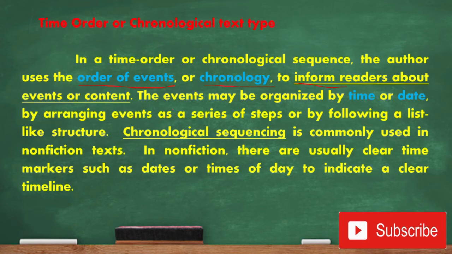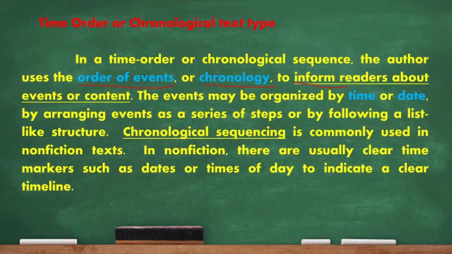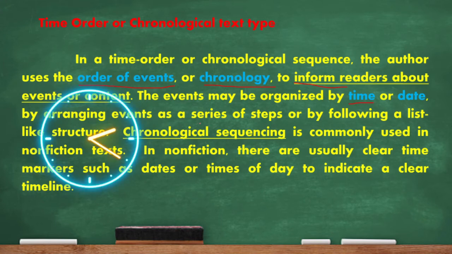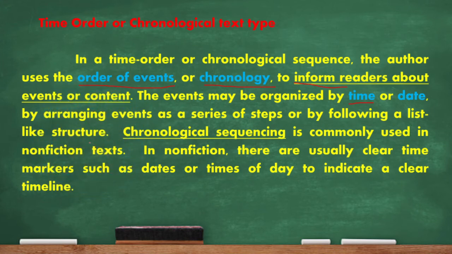The events may be organized by time or date, and we have used not date but time order, by arranging events as a series of steps or by following a list-like structure. Chronological sequencing is commonly used in non-fiction text. It means ginagamit natin ang chronological order sa pamamagitan ng pagbibigay ng factual or informative idea or content.